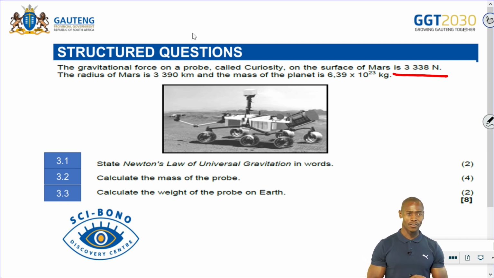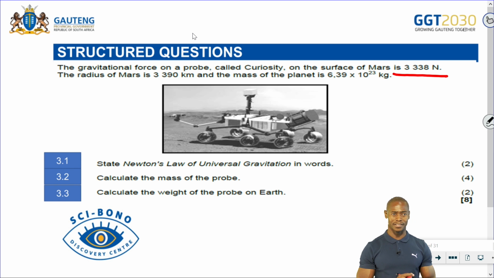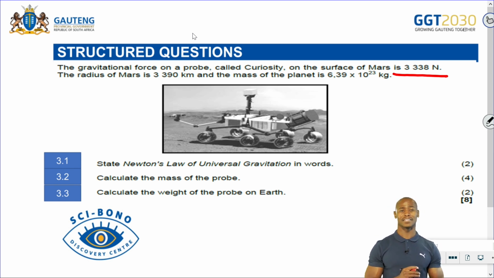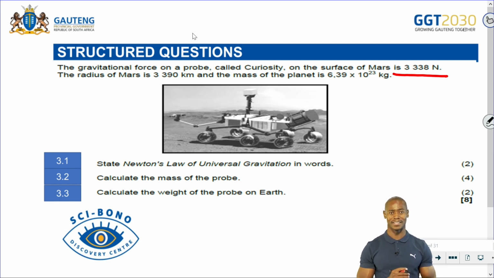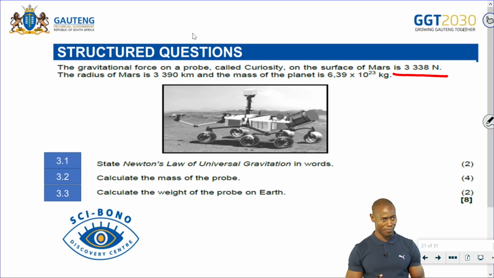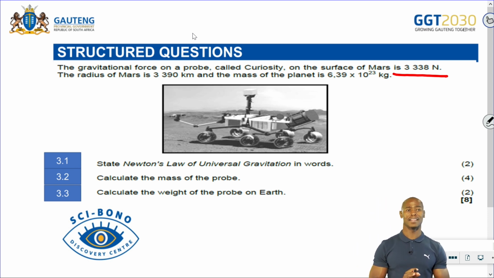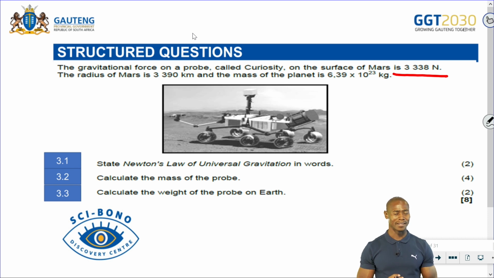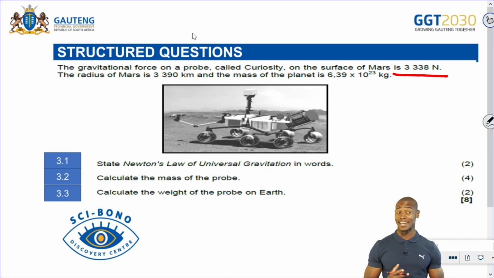The gravitational force on a probe called Curiosity on the surface of Mars is 3,338 newtons. We are fine with that. The radius of the planet is 3,390 kilometers, and the mass of the planet is 6.39 times 10 to the power 23 kilograms.